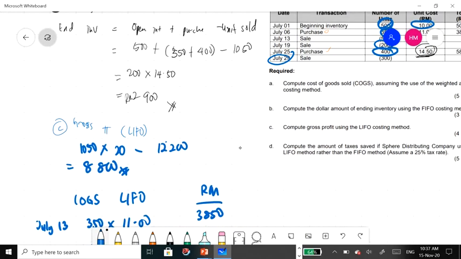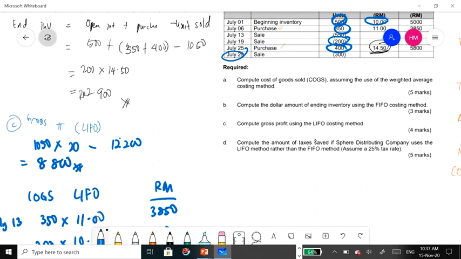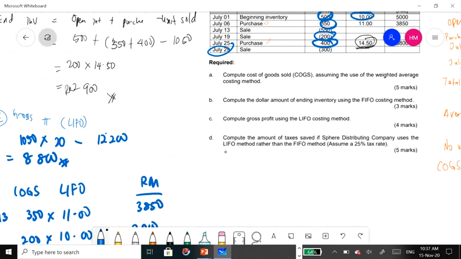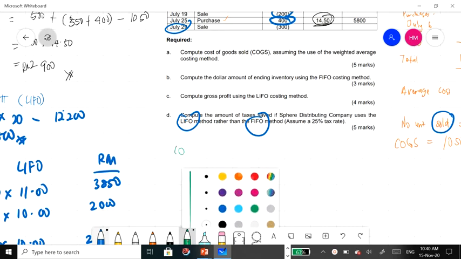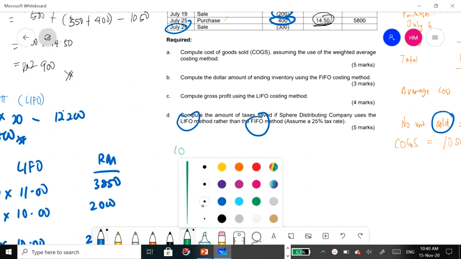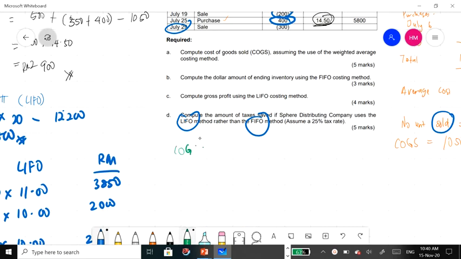So next D, compute the amount of tax saved if Sophia Distribution Company uses the Lifo method rather than FIFO method. Assume a 25% tax rate. Okay, so sekarang kita pun kena compute COGS untuk FIFO.